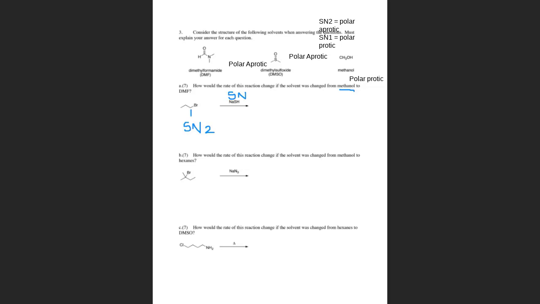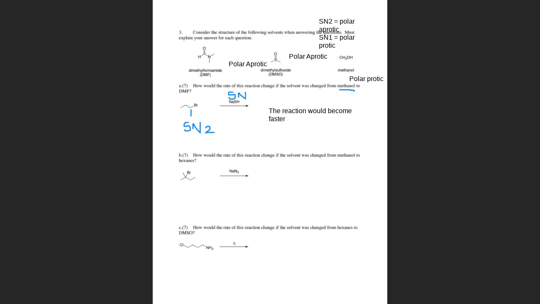Remember, SN2 reactions like aprotic, so the reaction would become faster. I'm hoping that made sense. We're going from protic to aprotic, and hence the SN2 reaction does get faster.